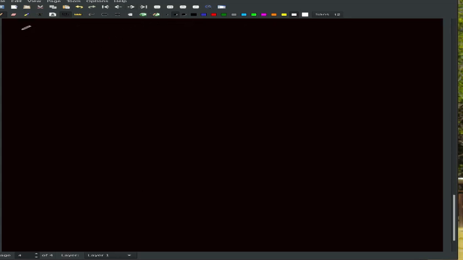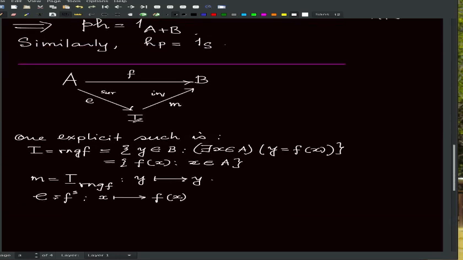Firstly, we look into injective maps, injections. As I said in one of the examples on the tables, this factorization is unique up to a unique isomorphism.